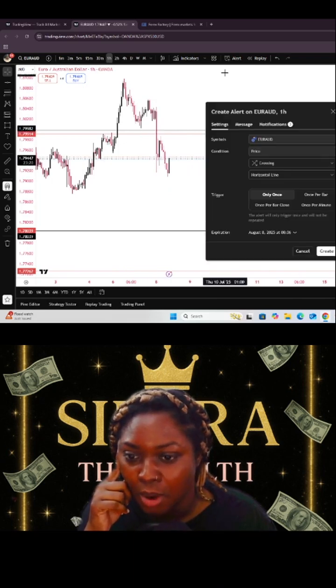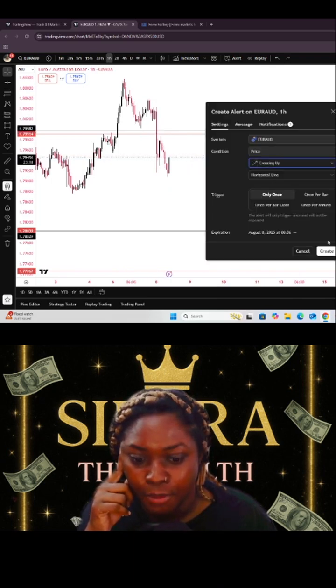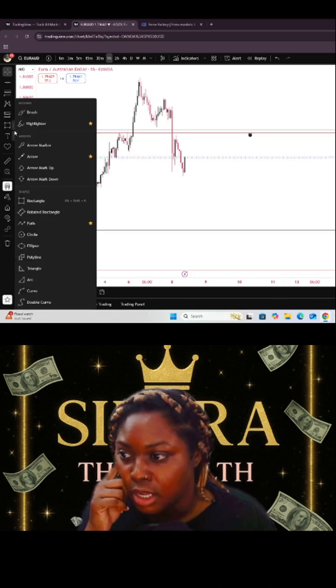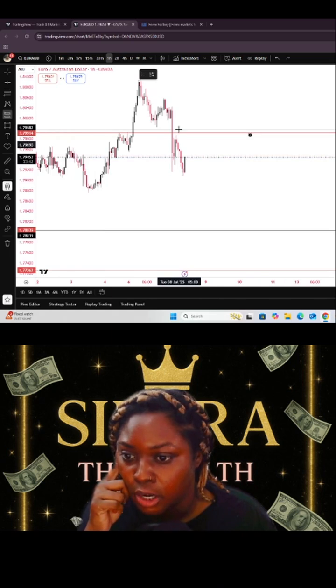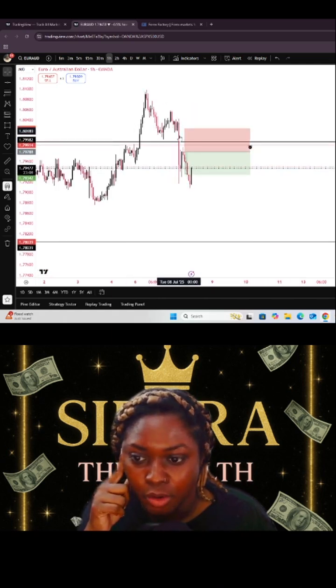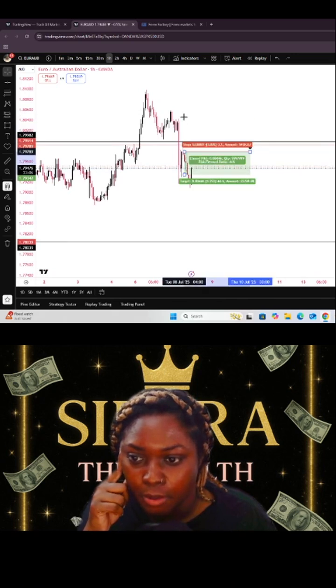So I'm going to set my alert here. Price gets up to here, we're selling. It looks like this. I'm going to put my short tool here. Stop loss is above this candle that created the fair value gap.